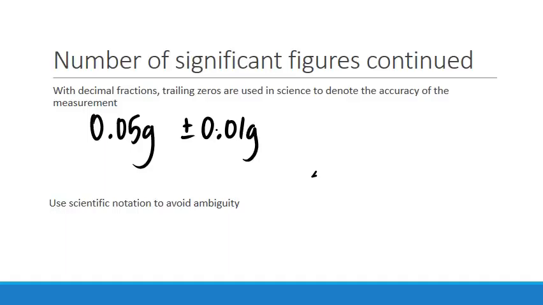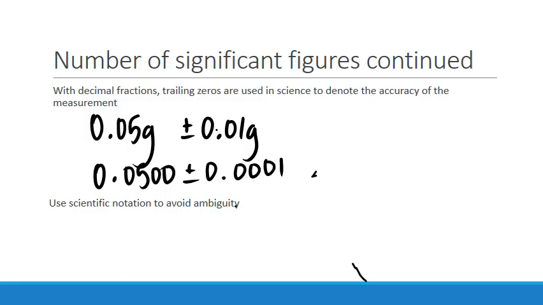Whereas if I measure something and I write down the mass as 0.0500, this tells me that it's more accurate because it's got an accuracy of 0.0001. This one only has 1 significant figure. This one has 3 significant figures, so more accurate.